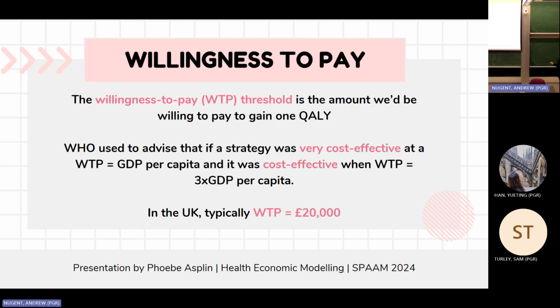The World Health Organization used to advise that a strategy was very cost effective if the willingness to pay was at the GDP per capita, and cost effective when it was at 3 times the GDP per capita. Although this is particularly, again, in lower and middle income countries. In the UK, we typically use a willingness to pay of £20,000, and this is much less than our GDP per capita.